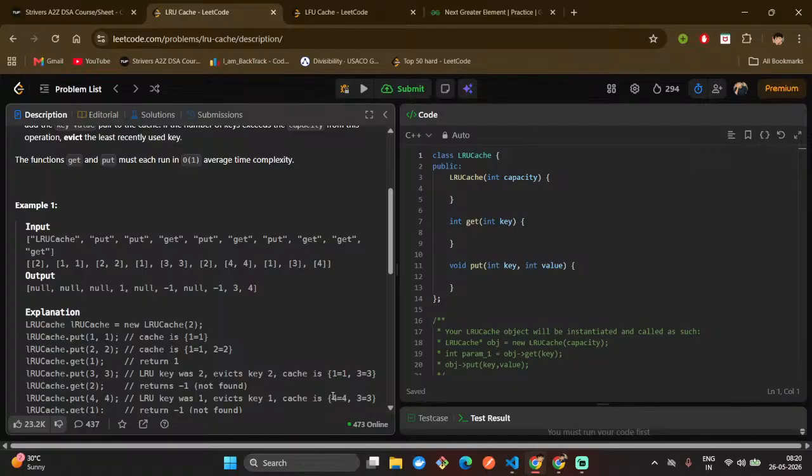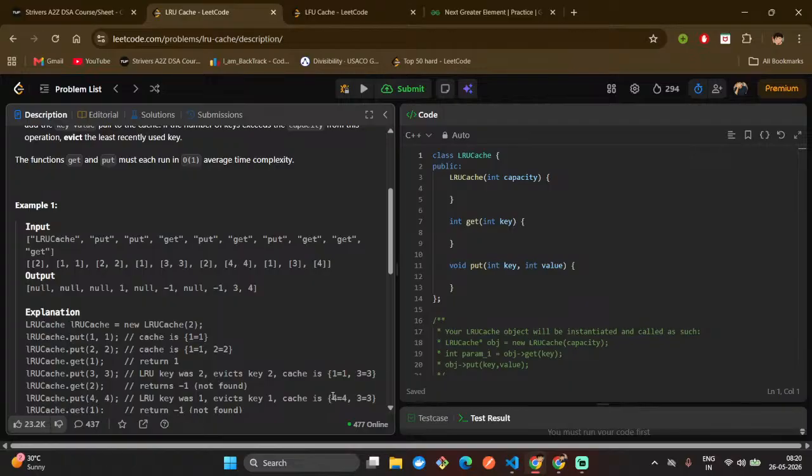Yeah, you can use the map and queue. So capacity, we have to decrease, so we have to eliminate from the, yeah, three.